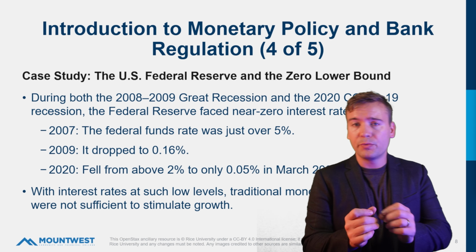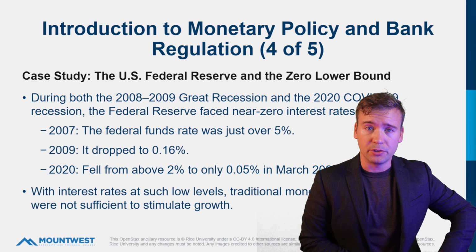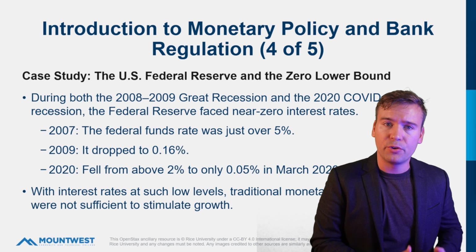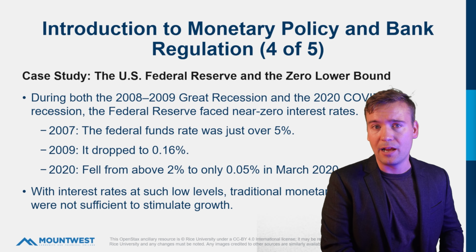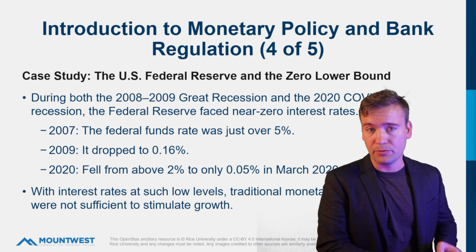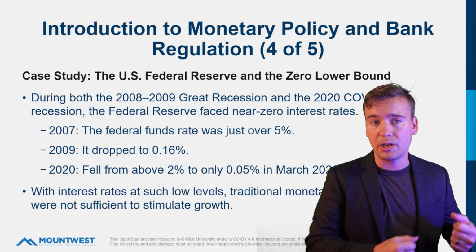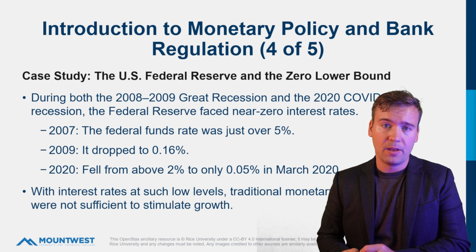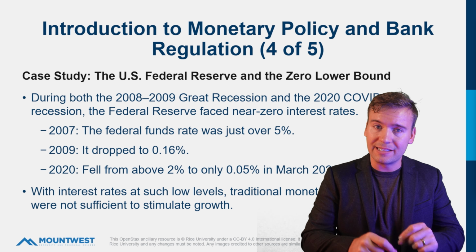So now let's look at a real world example. The US Federal Reserve, or what we call the Fed, had a pretty crazy experience with the zero lower bound here recently. During both the 2008 to 2009 Great Recession, or what we call the 2008 financial crisis, and the 2020 COVID-19 recession, the Fed was confronted with this problem.